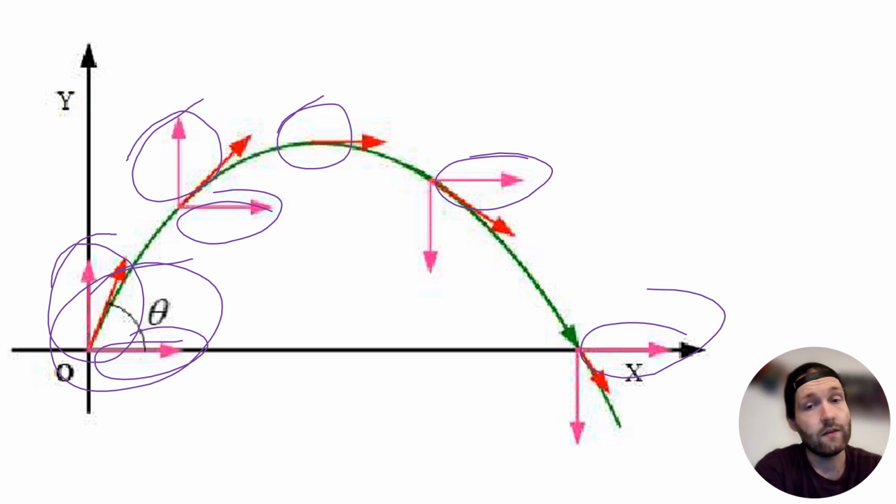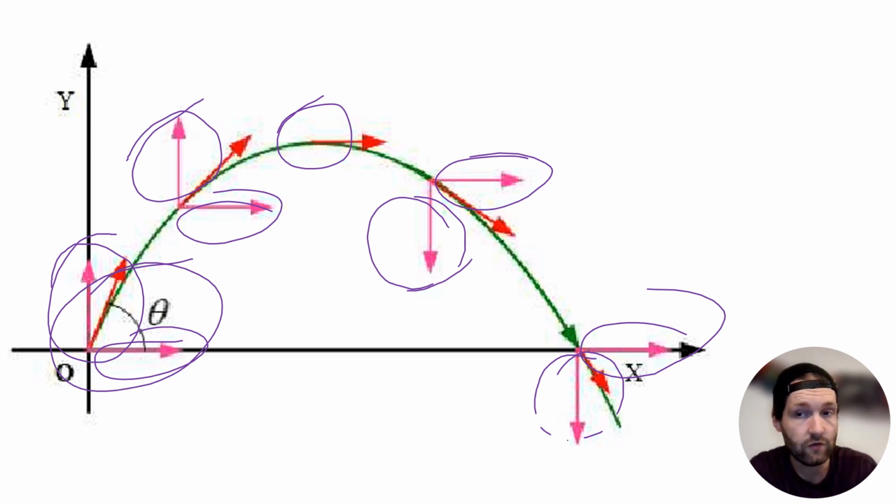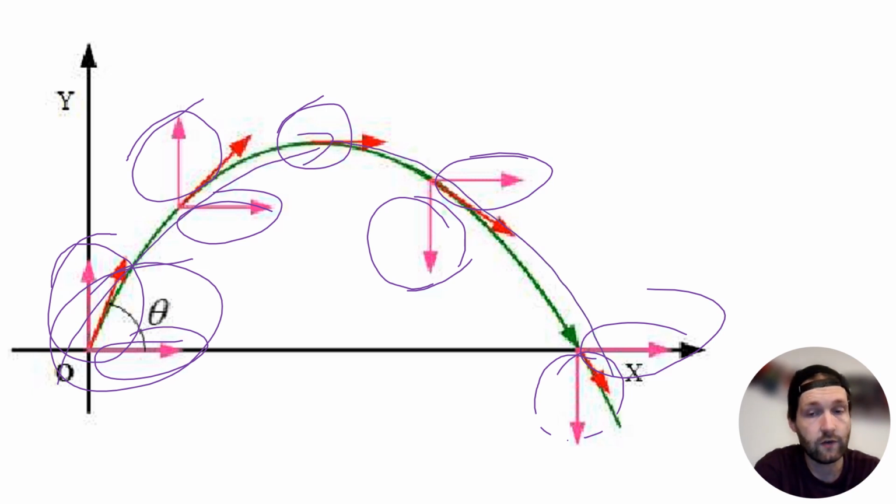Then there is no longer any of that vertical component acting upwards, and we just have the gravitational field continually pulling it downwards. So we end up with gravitation acting vertically, and we have our ball following this parabola, and the trajectory changes, right? It starts going upwards, it reaches its peak, and it starts going downwards.